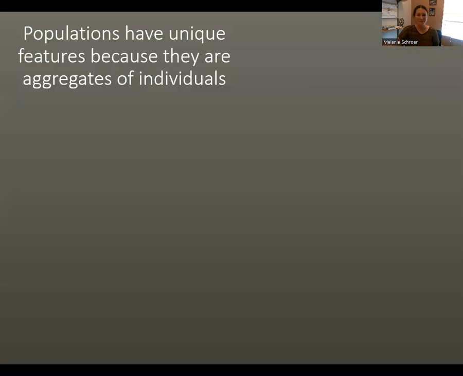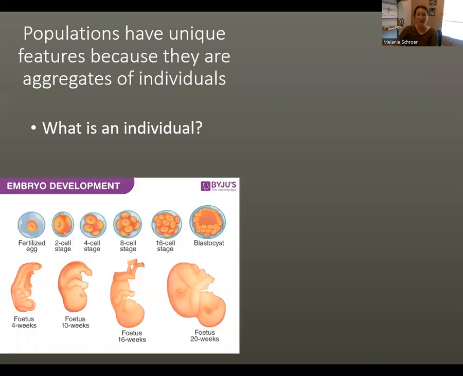So let's begin. Populations have unique features because they are aggregates of individuals, groups of individuals of the same species. It might seem strange, but I ask you, what is an individual? We can think of ourselves, of course, as an individual.